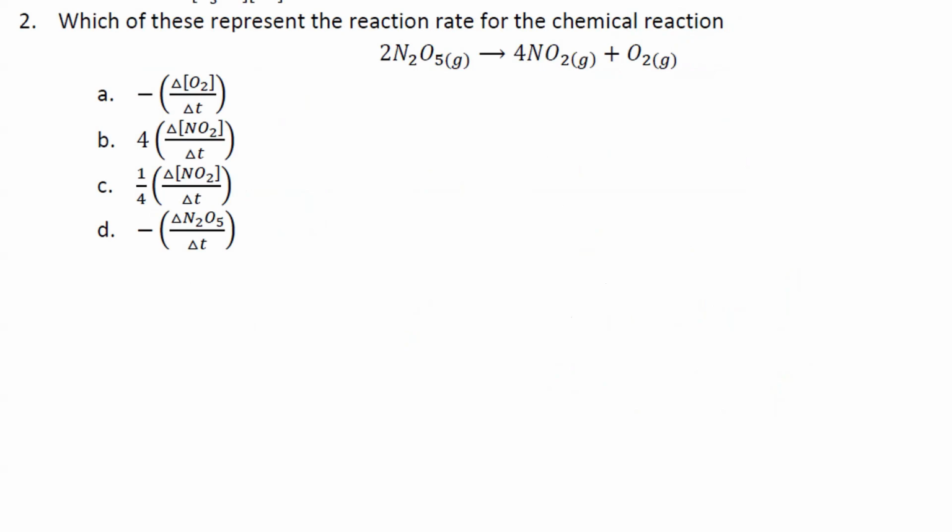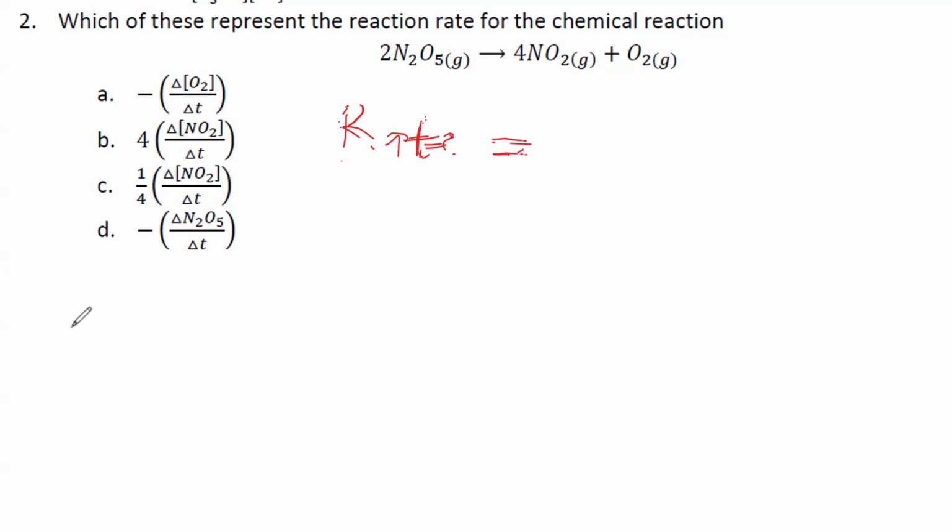That is, how much of the reactant is converted to product per time, or how much of the product is produced per unit time. So when we are going to measure the rate of the reaction, we have two ways of measuring it.